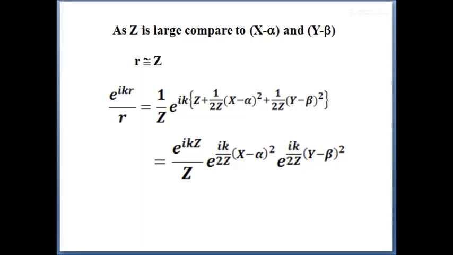Now this whole term has three portions. One is e to the power ikz by z, that is a spherical wave of radius z considered at distance z, and there are two other terms, e to the power ik by twice z (x minus alpha) square and e to the power ik by twice z (y minus beta) square.